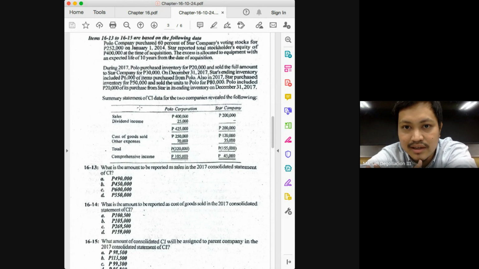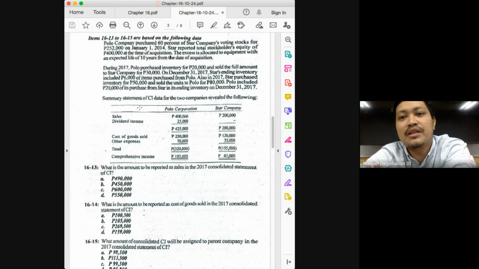252 divided by 60%. How much? 420,000. This would be the value of the company as a whole. But how much is the book value of the assets, class? 400,000. But since the problem told us that all excess is attributable to the equipment, that means there is no resulting goodwill.